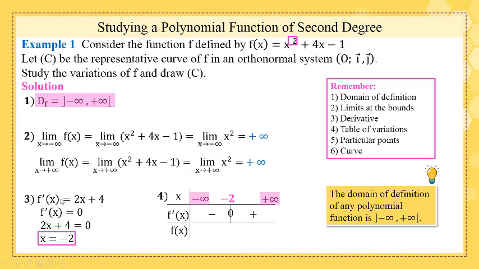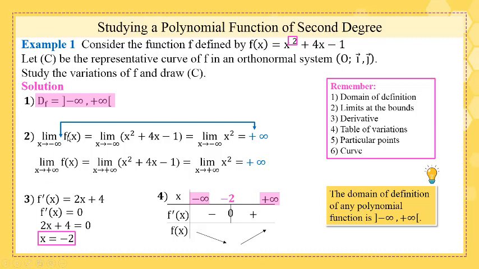Since f prime of x is a polynomial of degree 1 and the coefficient of x is positive. Now, when f prime of x is negative, f is decreasing, and when f prime of x is positive, f is increasing. Let us look at the limits.